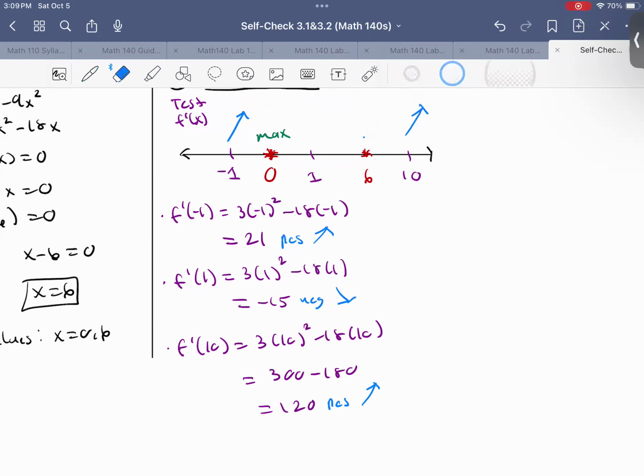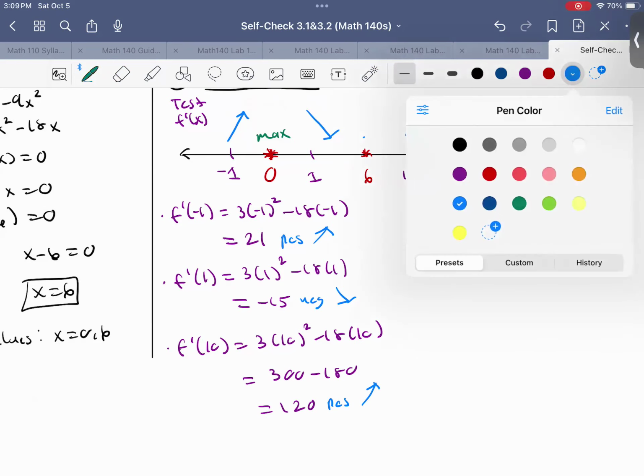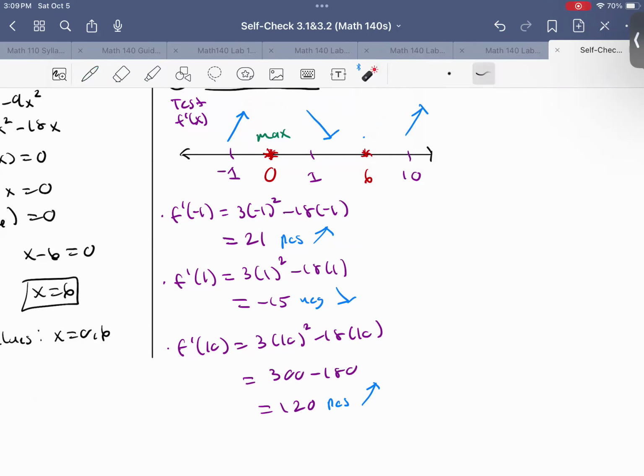It's a little spaced out. Let me fix this. Okay, so we found that after 0 it's decreasing to 6, and then after 6 it's increasing, so it's going to look something like that. So this means that at 6, it's a min.